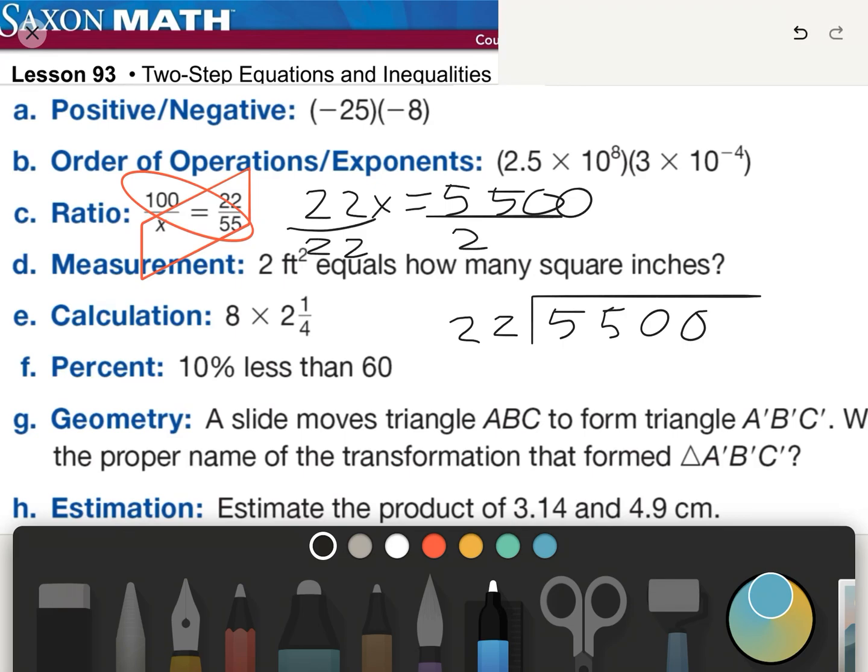I know this isn't really mental math. I'm sure one of my students will look at this and be able to just see what the ratio would be. Indeed. So looking at this, you say okay. So this gets us 250.